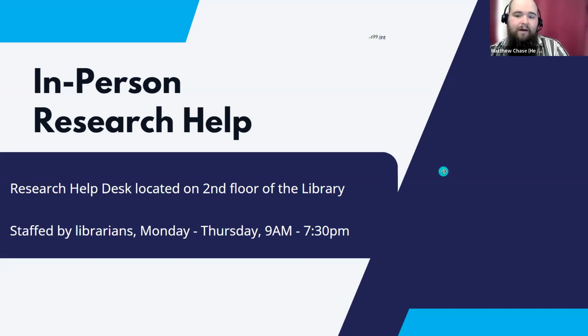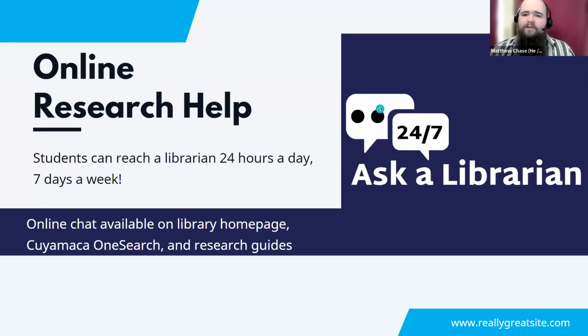But as I've stressed before, sometimes, especially for our asynchronous instructors, or students who are working so remotely from campus that they can't make that trip as easily, we do have some excellent online research help. Mainly through that Ask a Librarian chat, which again you saw in the Kuyamaka OneSearch. We also have it on the library homepage, which I can showcase a little bit right here.